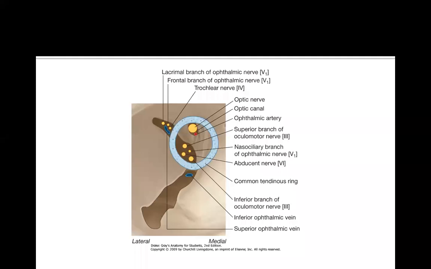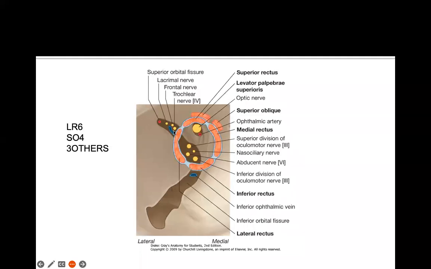So now we've taken the muscles out, but we want to use the outline that they formed, the outline that we can get out of that, as a common tendinous ring. So we are labeling that as what? A common tendinous ring. Look at this. Let me go back.